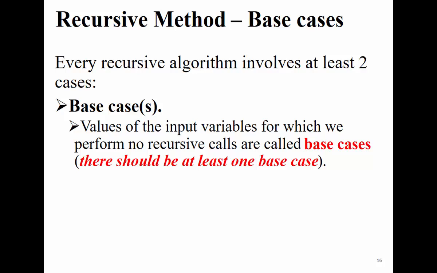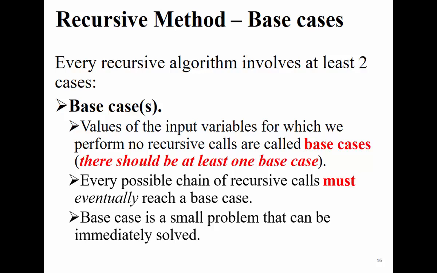I don't need to do the recursive call for the base case. So the solution for the simple case of the problem, factorial of 0 is equal to 1, is considered a base case. You might have in your problem one or more base cases. In this case, factorial, we have only one. Factorial of 0 is equal to 1.